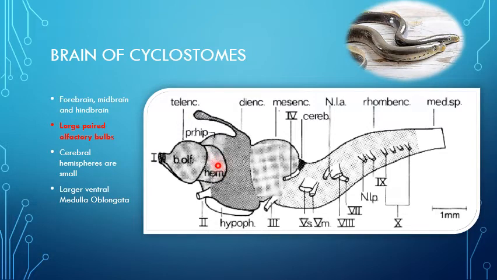Here you can see the small cerebral hemispheres, followed by the diencephalon, and the mesencephalon or midbrain is here. Then you can see a very small cerebellum portion here. This is the rhombencephalon and this is the medulla. So it has a large ventral medulla oblongata, while the cerebral hemispheres are small.